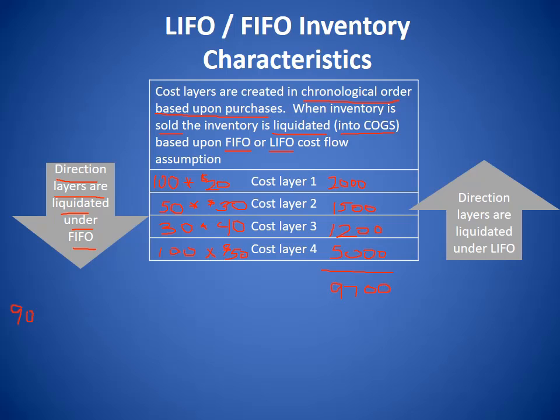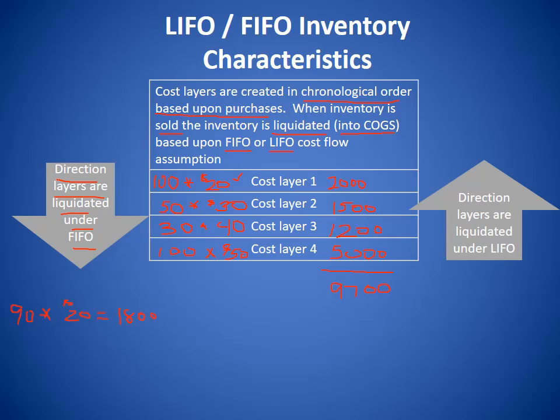times my cost per unit, which will be $20 a unit. That means $1,800 worth of costs. So $1,800 of costs are going to be liquidated from inventory.